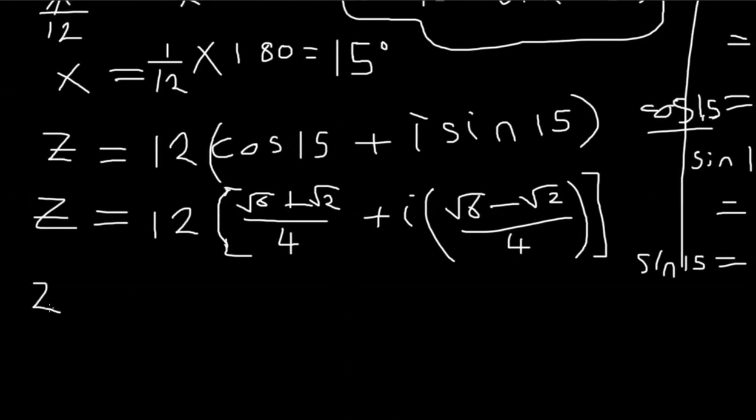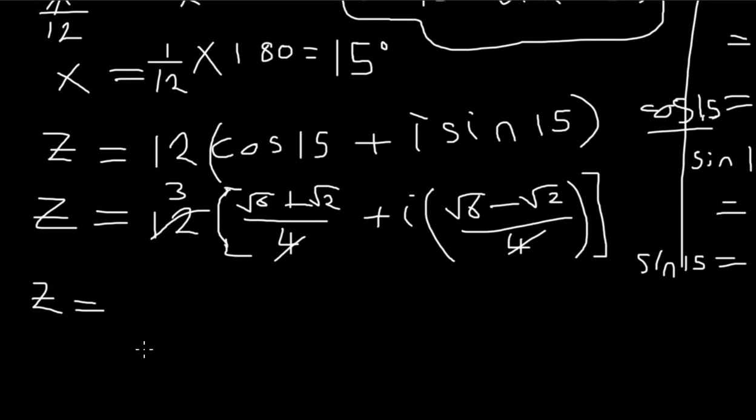So now my z is just going to be the same as 4 into 12. We multiply 3 times 4 into 12. I'll just cancel this 4 and that 4. 4 into 12, I'm getting 3. So I'm just multiplying 3 with everything there.